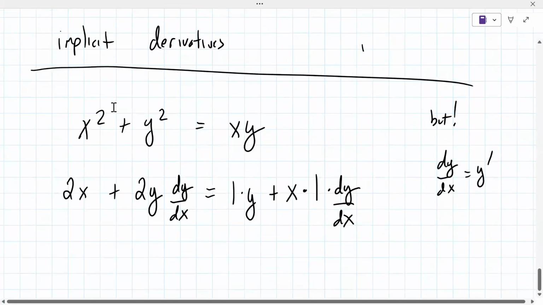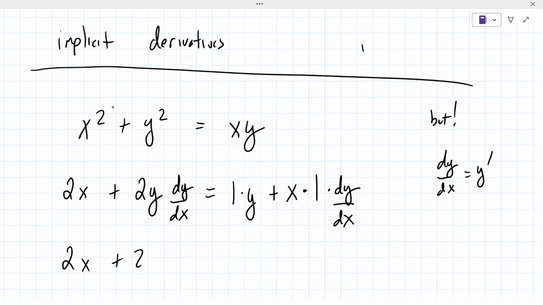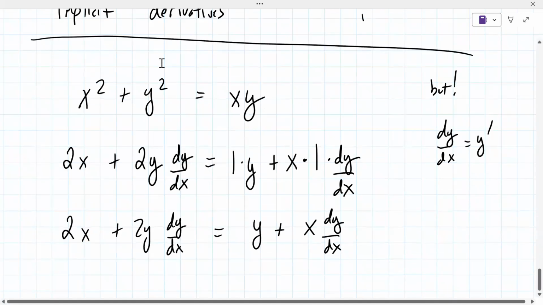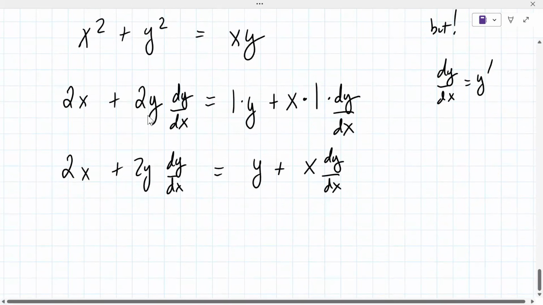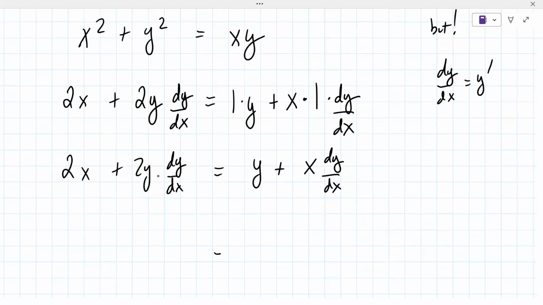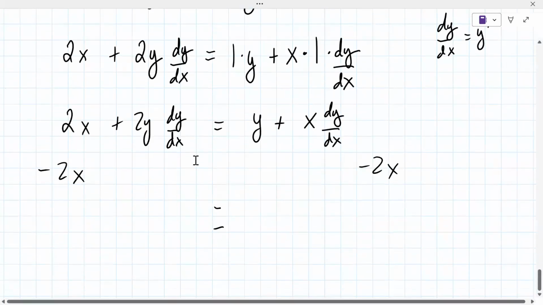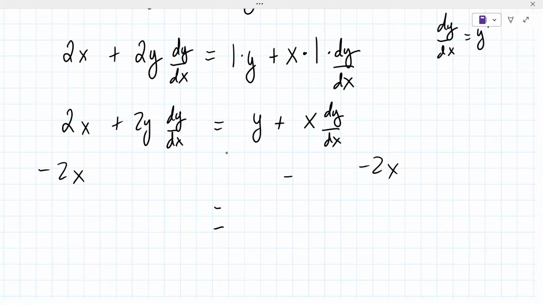Okay. Now I'm just going to slightly rewrite here. There's no more calculus. Calculus is over. Everything that's left from this point is algebra. It's just moving things around. You get the dy dx terms on the same side, so we're going to subtract 2x from both sides. You're going to move the x dy dx to the other side.